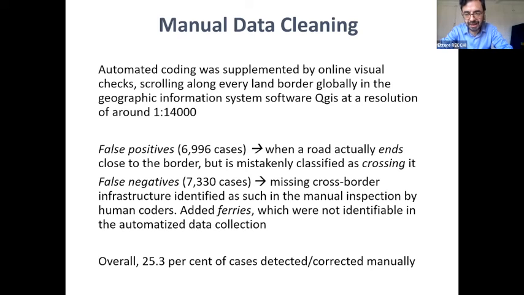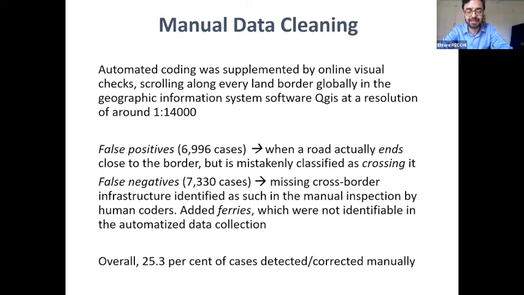We did some manual checks of this automated procedure, using QGIS. And actually, we realized quite soon there were quite a lot of false positives, roads that the system classified as cross-border roads, but in fact ended a few meters, very, very close to the border. And so these had to be deleted from our data set, but also false negatives in more or less the same amount.